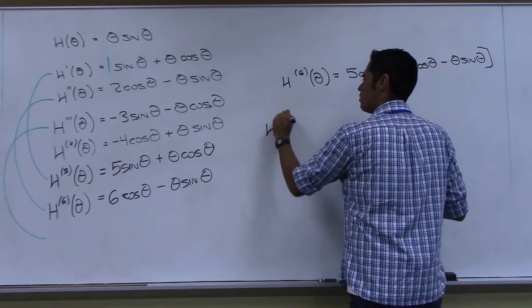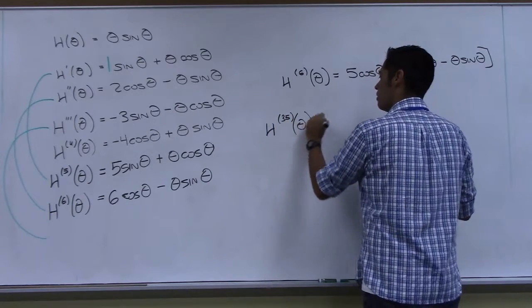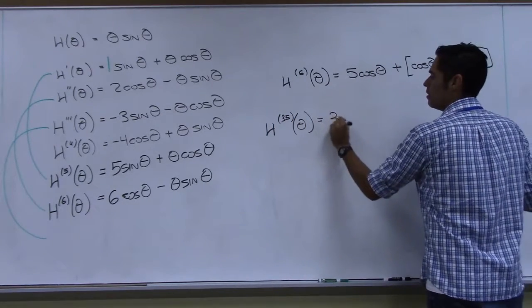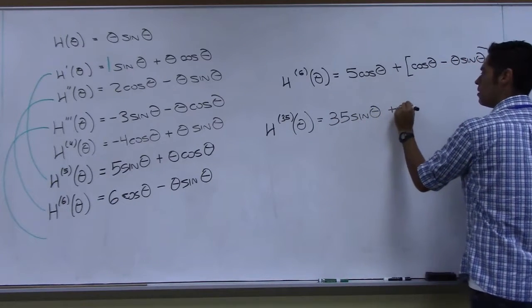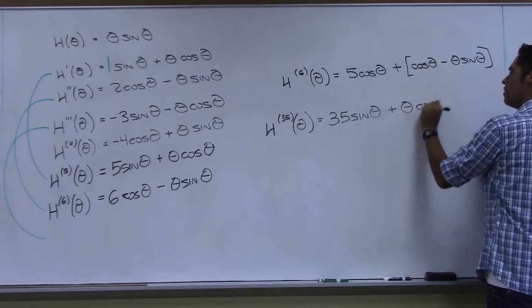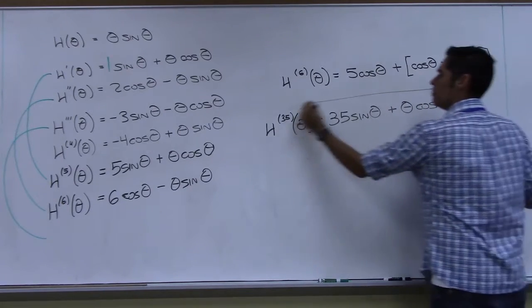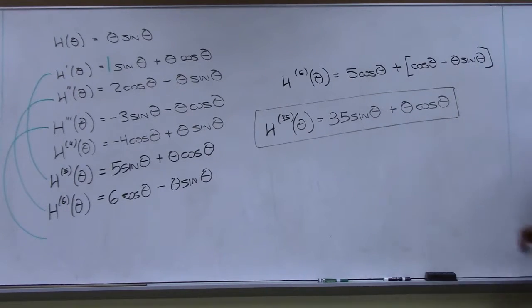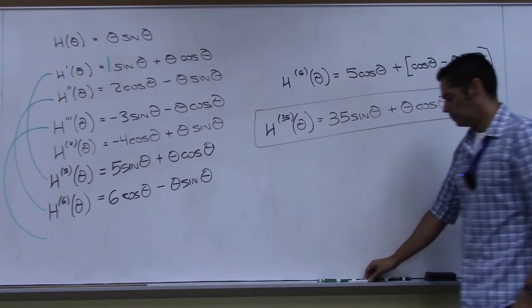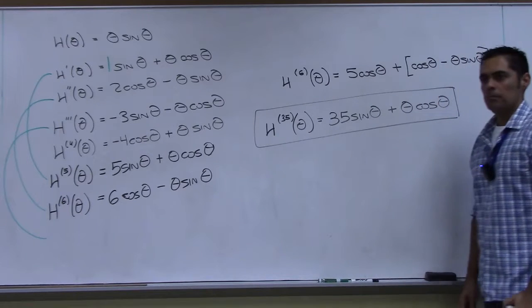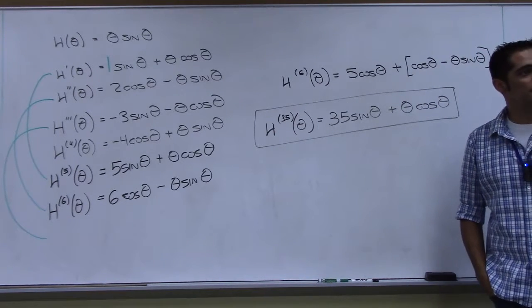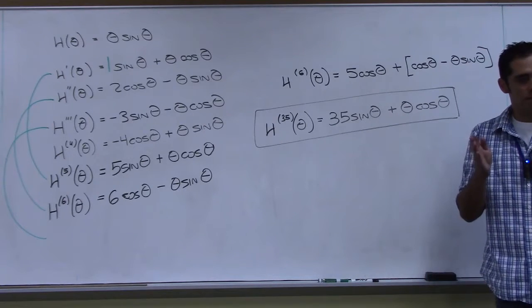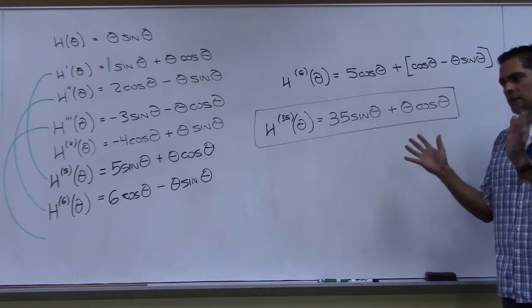The 35th derivative should be 35 sine theta plus theta cosine theta. What do y'all think? So that was a harder problem, just because you have to really think through it, right? It's not just as mechanical as do this, that, put together, done.